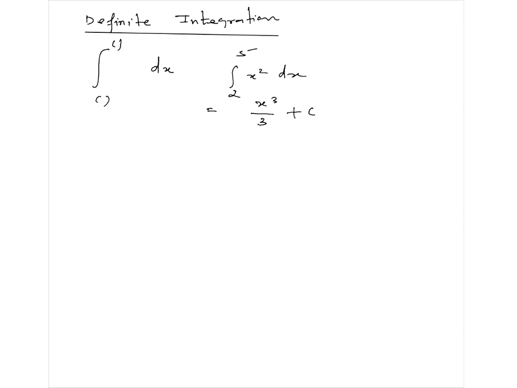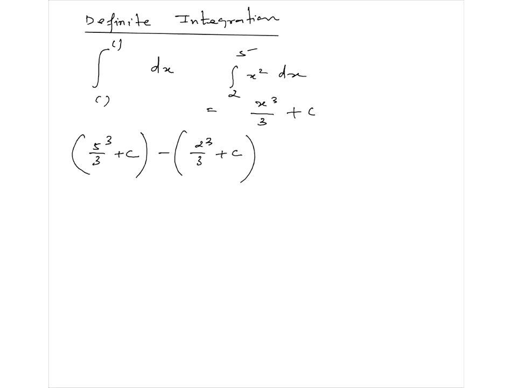After writing x cubed by 3 plus c, what we do is put the top value in place of x: 5 cubed by 3 plus c. Then we put the lower value in place of x: 2 cubed by 3 plus c. Then we put a minus sign in between the two.